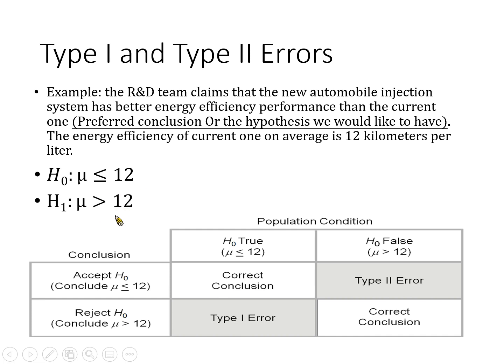So the null hypothesis is the contrast to the alternative hypothesis, that is mu less than or equal to 12 kilometers per liter. In such an example, if the null hypothesis is true in the population, and the conclusion is that the null hypothesis can be accepted, then it is a correct conclusion.